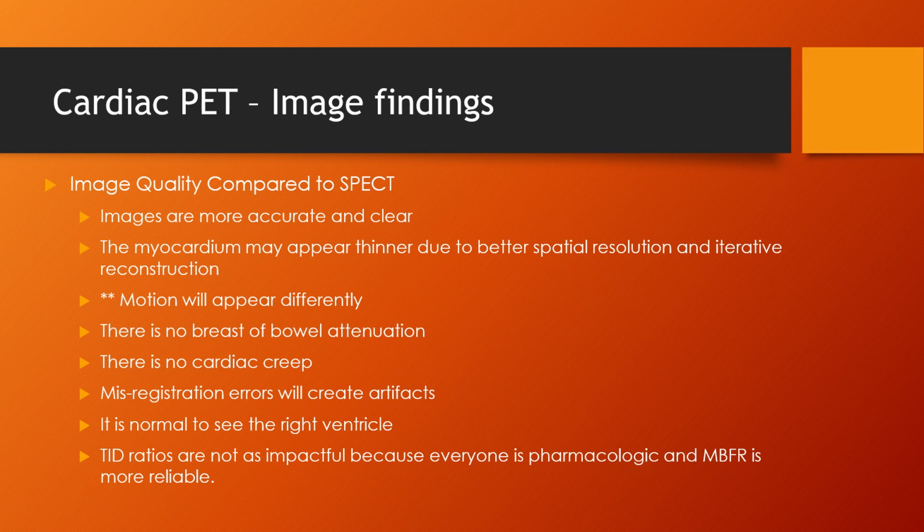Apical thinning is a real thing, and it's something that shows up in older patients on PET images. So it is normal to have that. Basically what happens is the apex of the heart will appear thinner. This is due to better spatial resolution and iterative reconstruction. So this is not an abnormal finding.